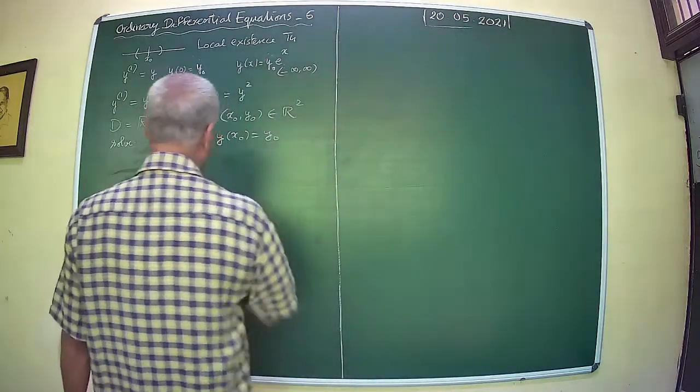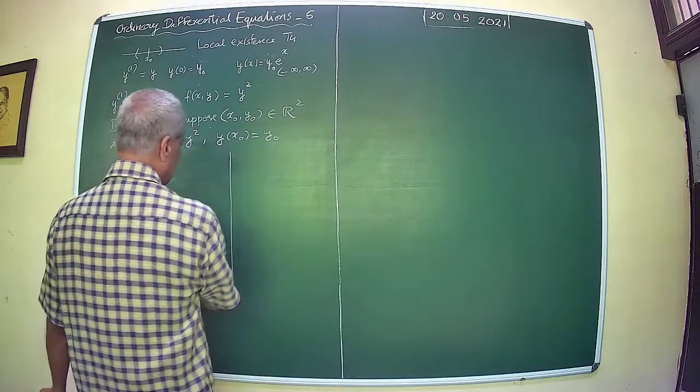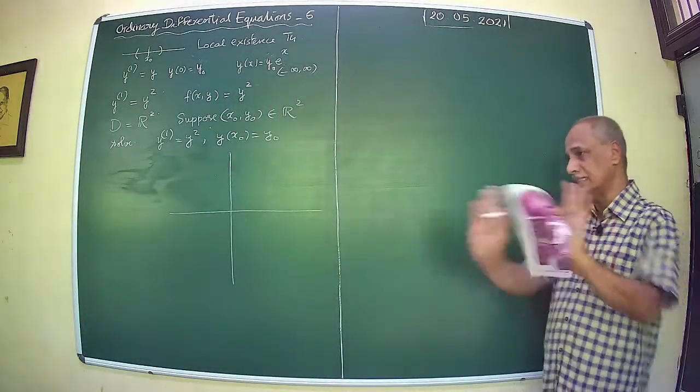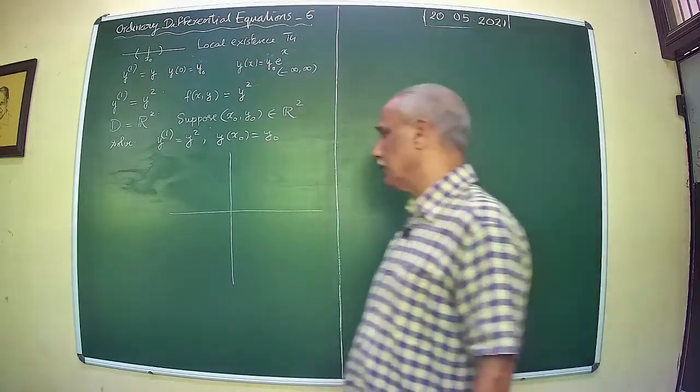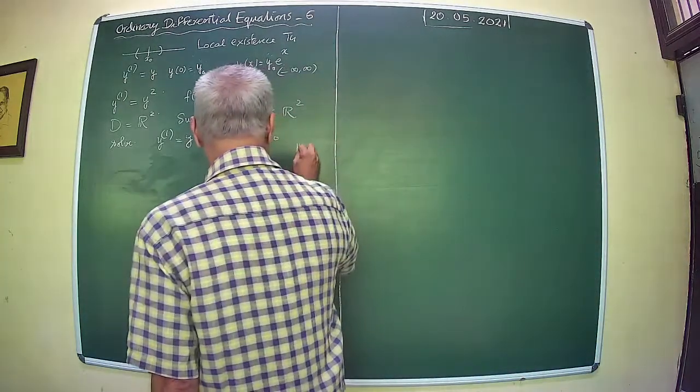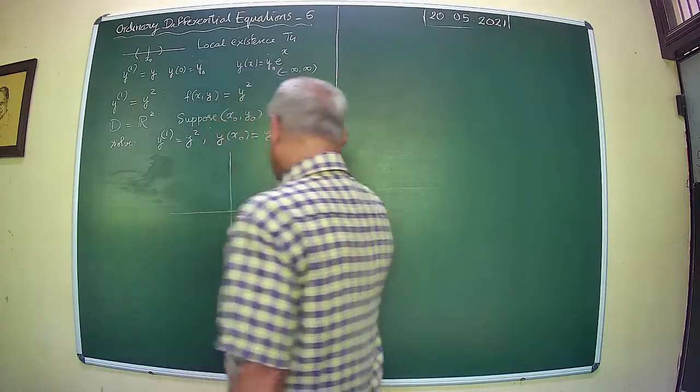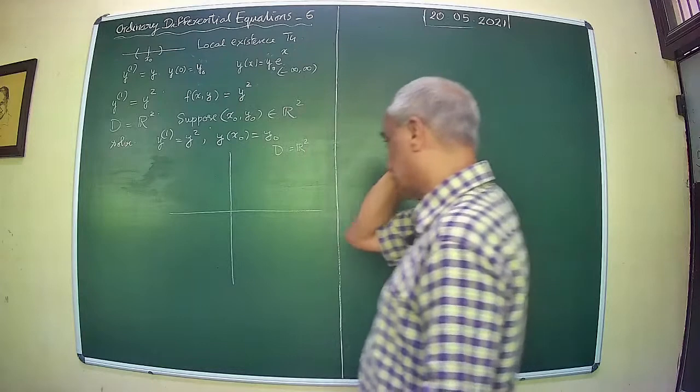Let us analyze it without really solving it. Let us get some insight into the nature of the solution. So this is R2, which is taken as D, where f is defined, f is continuous.